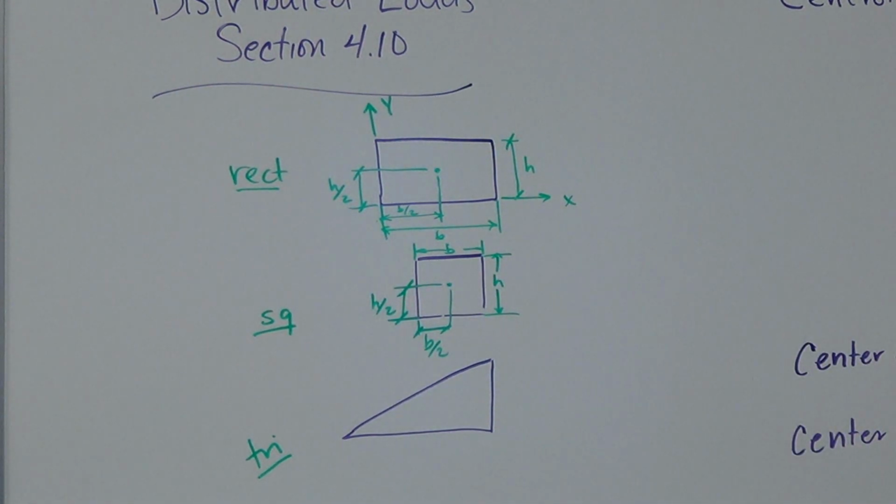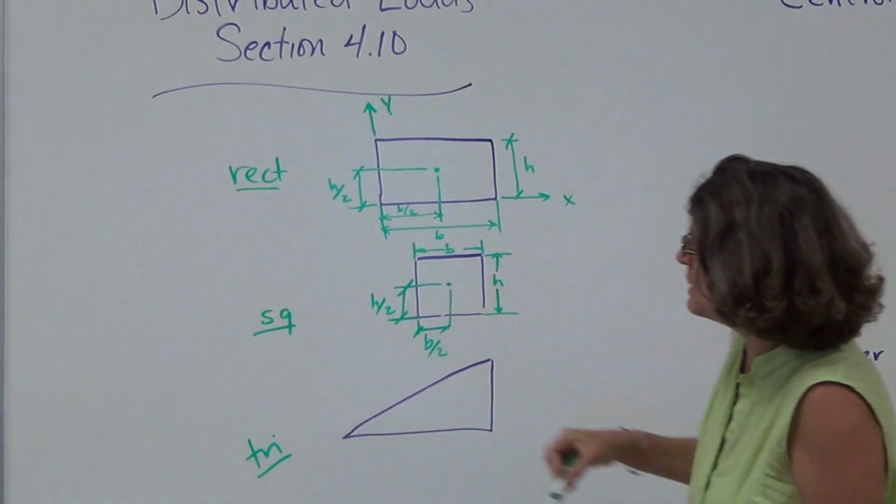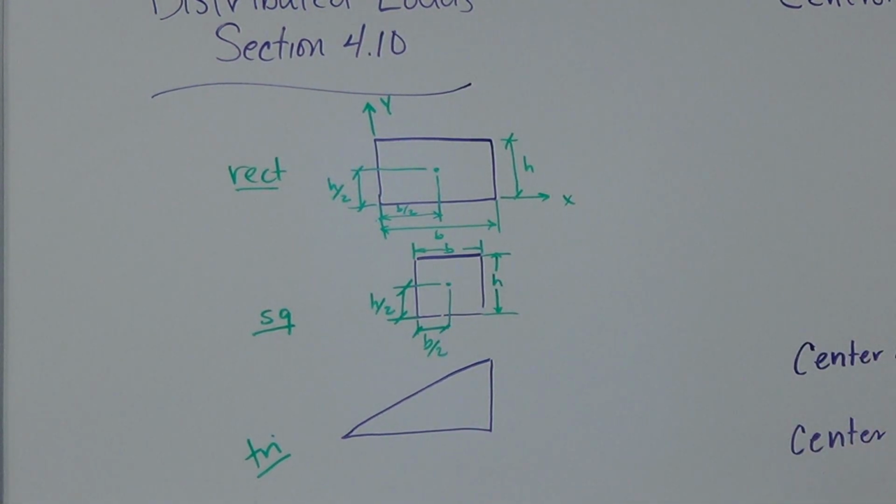And in math and physics, you may have determined these locations based on integration. When we get further along in statics, we are going to come back to this topic, and we're going to look at composite bodies, and we may have to use integration. But right now, for the topic of distributed loads, I just need to introduce these 3 simple objects, and you're going to know where the centroid is, and you don't have to do the integration.